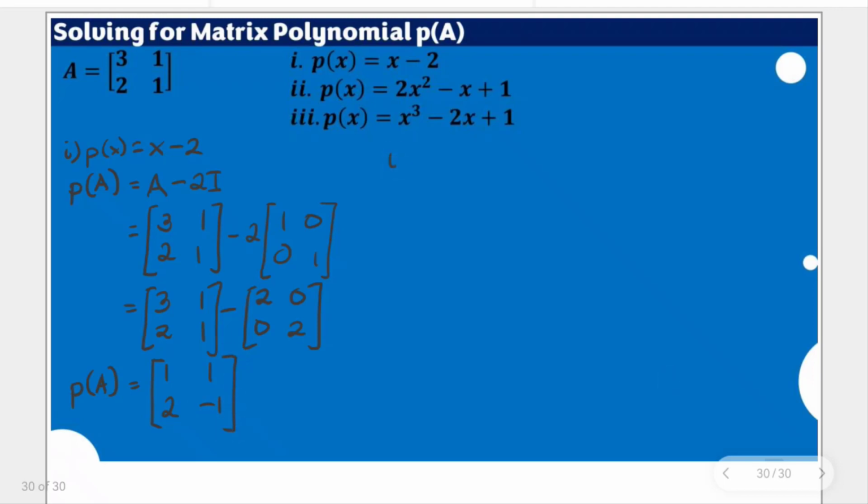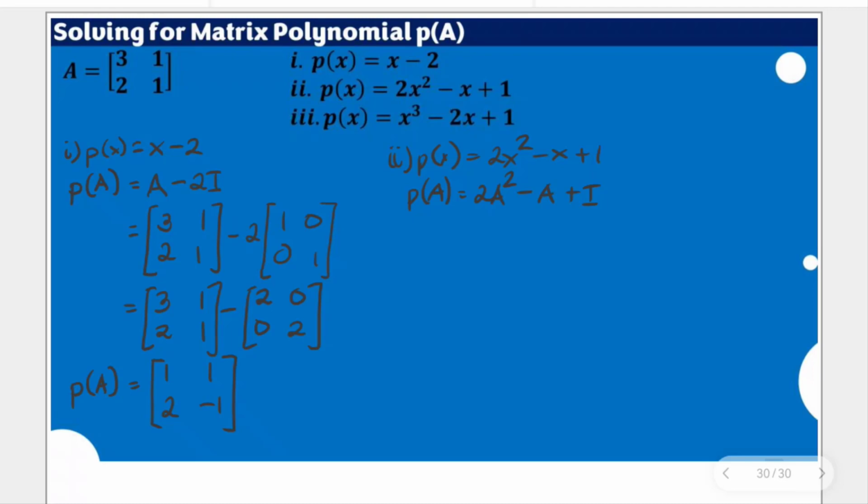For the next item, P of X is equal to 2x squared minus x plus 1. So we are going to, again, substitute matrix A to all x. So you have 2A squared minus A plus 1I, or you can just simply use I because the scalar is just 1.